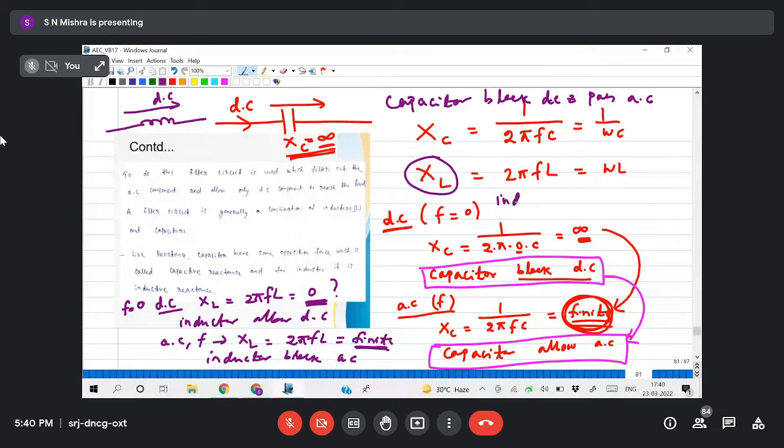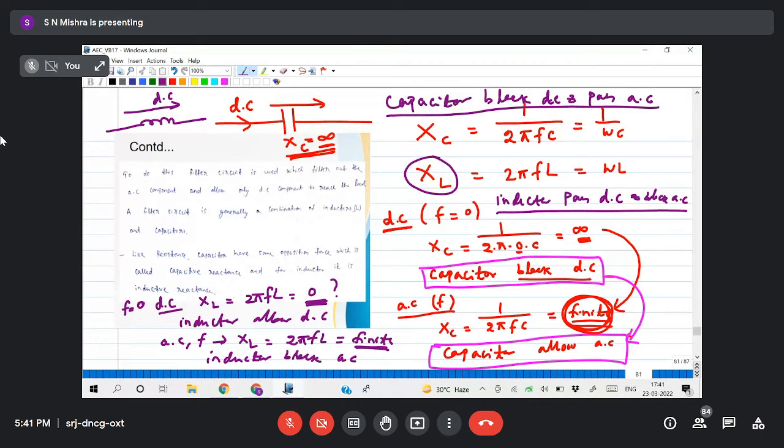Inductor passes DC and blocks AC. Just opposite or not? You see this statement and this statement. So what is my conclusion? Capacitor blocks DC, passes AC. Inductor passes DC, blocks AC.